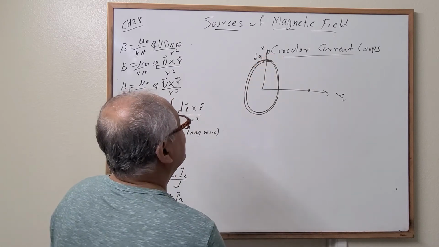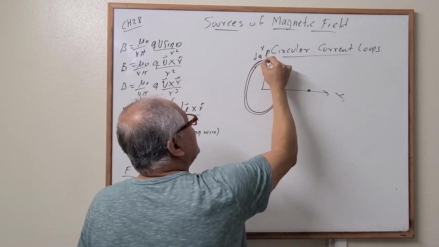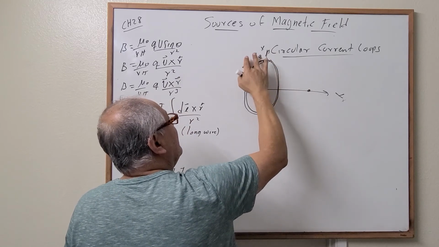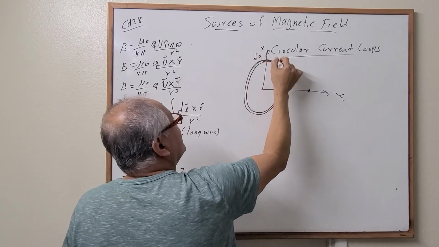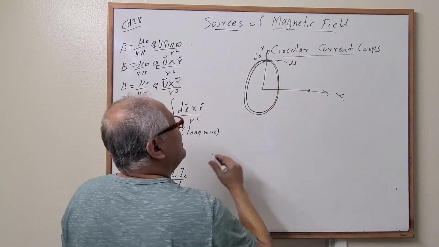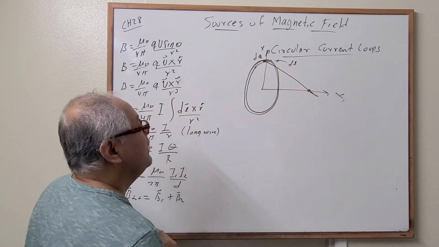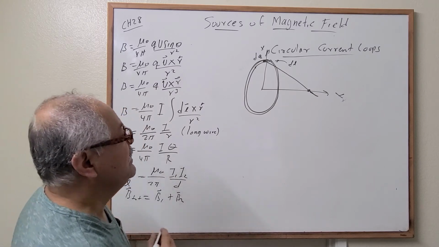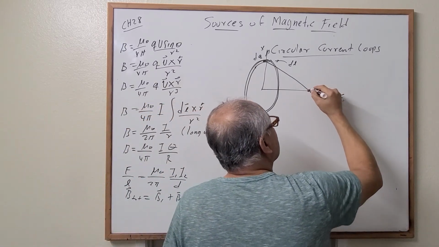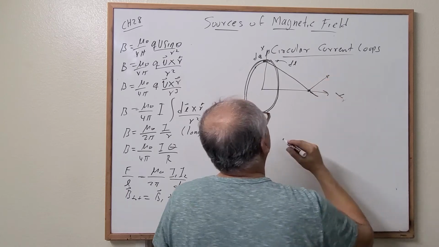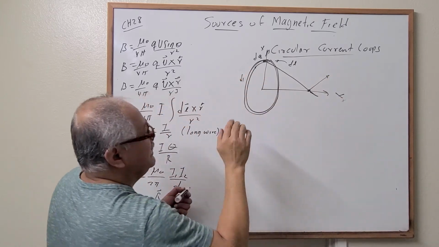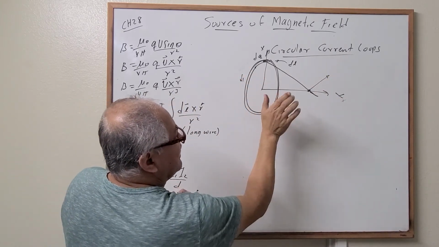Now let's take an element, dl, right here. Also, we have this element of length. Now let's go to this point where we're looking for the magnetic field. We found that the direction is going to be tangent. Imagine this is the curve, so we have the magnetic field in that way.